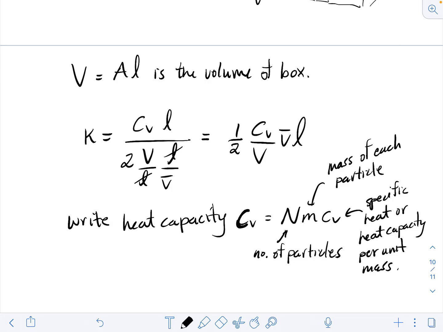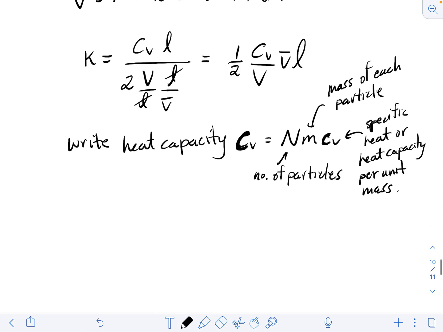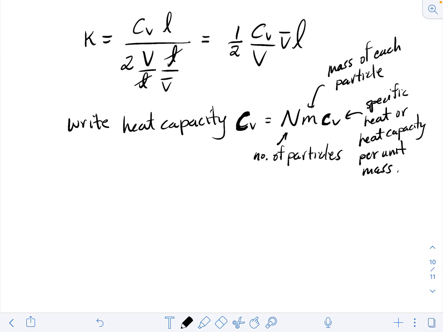And so I'm trying to use capital C for a heat capacity and little c for a specific heat. Anyways, if we make those changes, then we get kappa is about equal to 1/2. And so for the heat capacity, we'll write N m times the specific heat, then divide by volume, then the average speed, and then the mean free path.